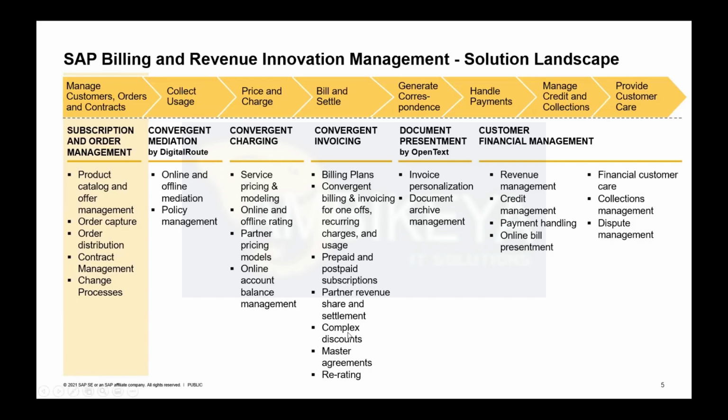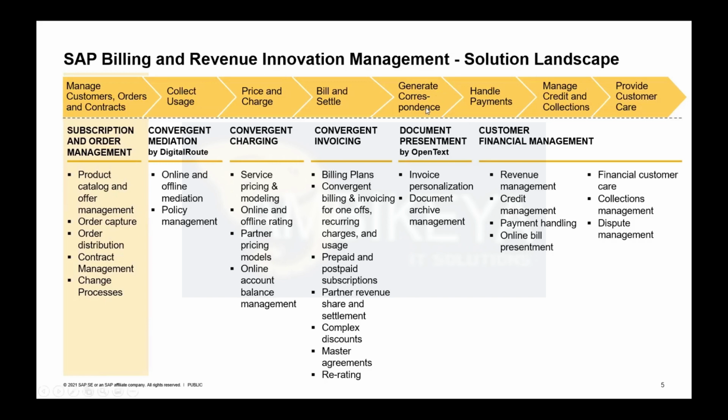Additionally, for B2B cases, we have the possibility to have master agreements to collect, for example, in master agreements, a lot of subscription contracts together. For some industries, it's important to have the possibility of re-rating in case the pricing was not correct at the moment of the rating, or in the telecommunication industry, late incomes of usages are often a problem.